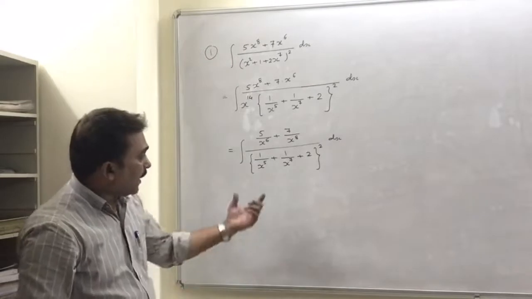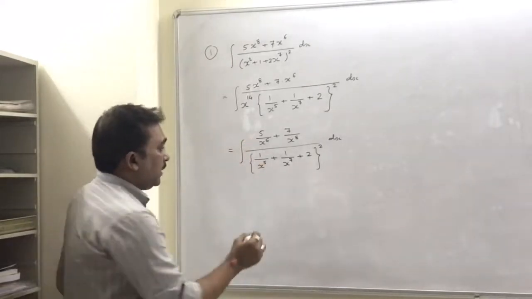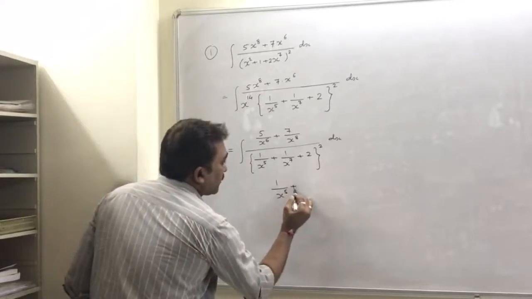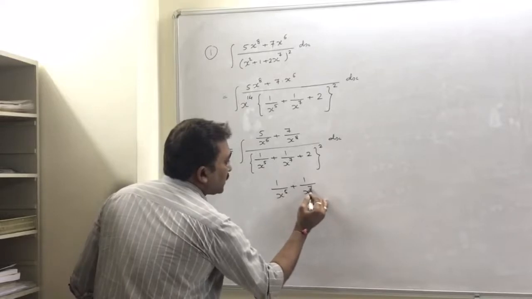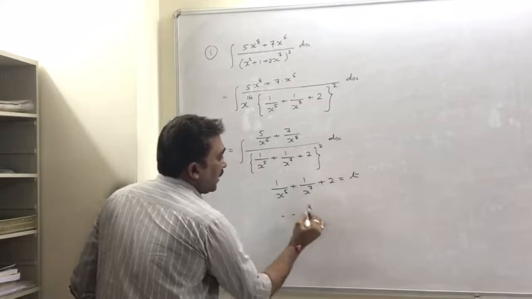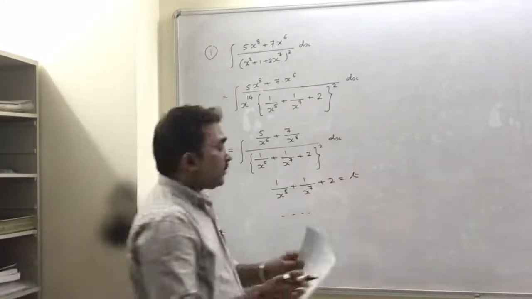And now you can see that derivative of this is this. It means we have to start with 1 upon x^5 plus 1 upon x^7 plus 2 as a t and so on. Clear this?